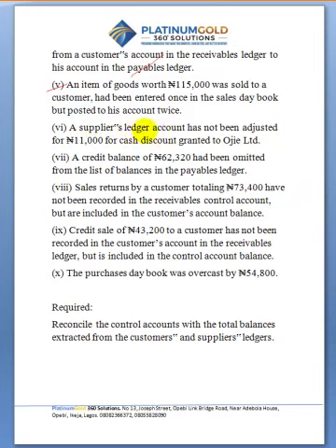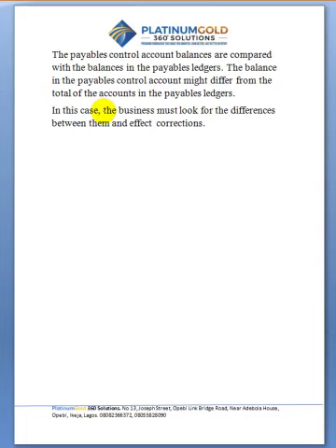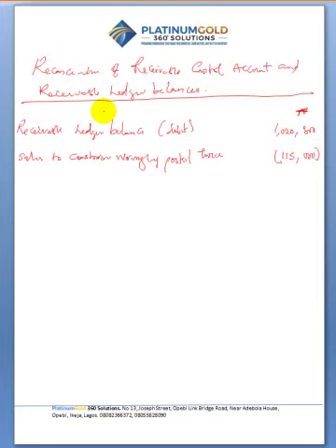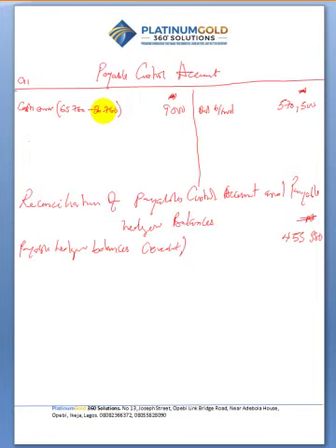A supplier ledger account has not been adjusted for 11,000 for cash discount to OJ Limited. 11,000 customers ledger, so it hits the customer ledger alone, so it must pass through the reconciliation.